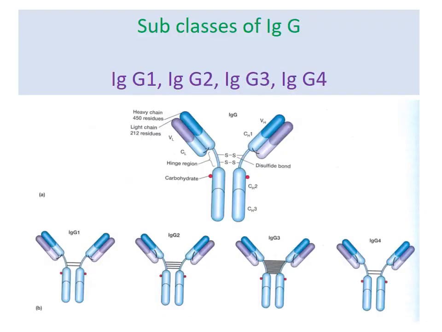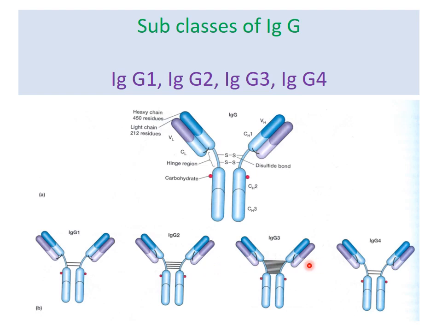Now, what are the subclasses of immunoglobulin G? There are 4 subclasses: IgG1, 2, 3, 4. How do they vary from each other? Mainly by the number and position of the disulfide bonds.